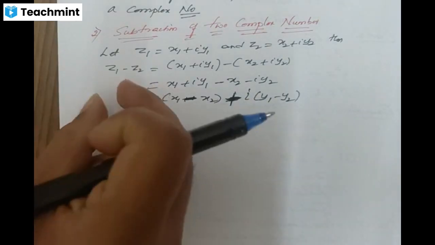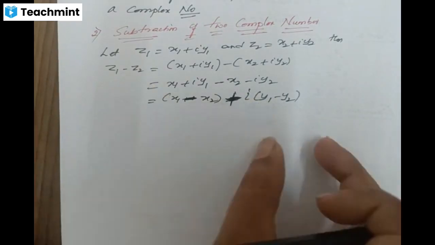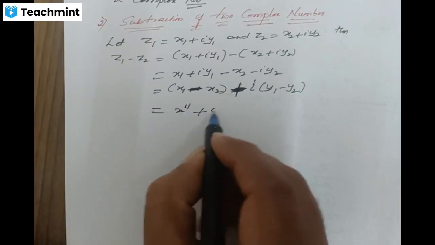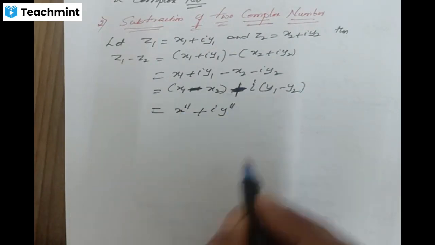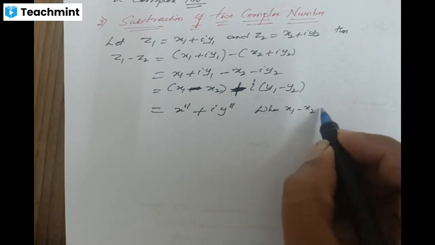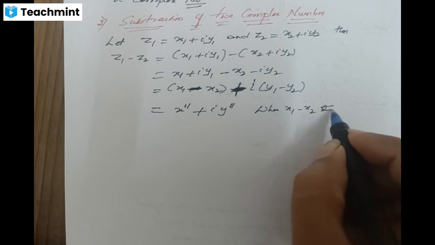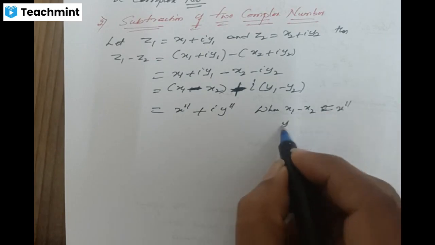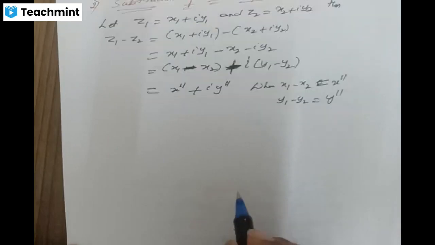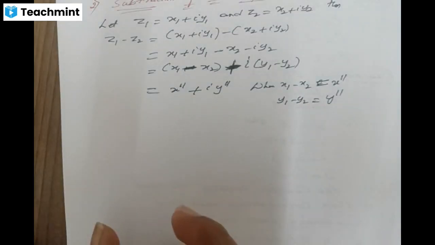So the subtraction of two complex numbers is again a complex number. I will write this as some x double dash plus i into y double dash, where x1 minus x2 is equal to x double dash and y1 minus y2 is equal to y double dash. That means the subtraction of two complex numbers is again a complex number.